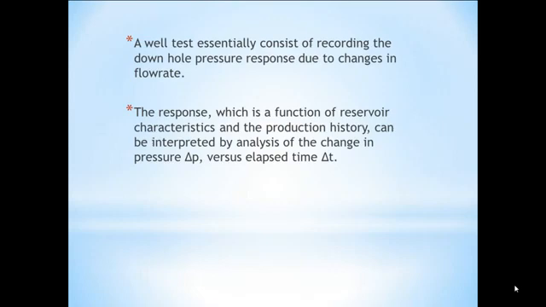The response, which is a characteristic of the production history and reservoir characteristics, can be interpreted by analyzing the change in pressure, delta P, versus elapsed time, delta T. We do this analysis by plotting a curve between delta P and delta T on a log scale, or some Cartesian scale.